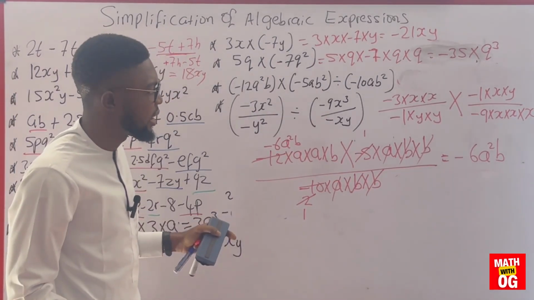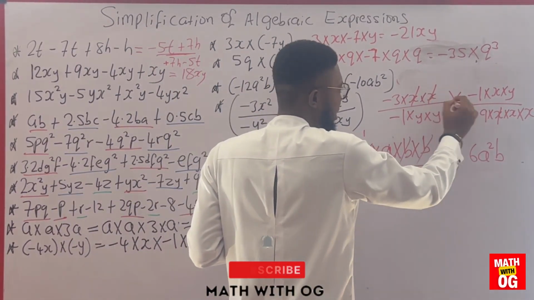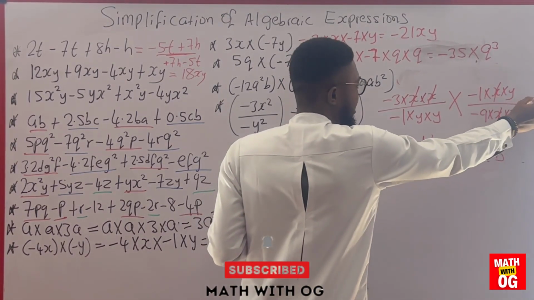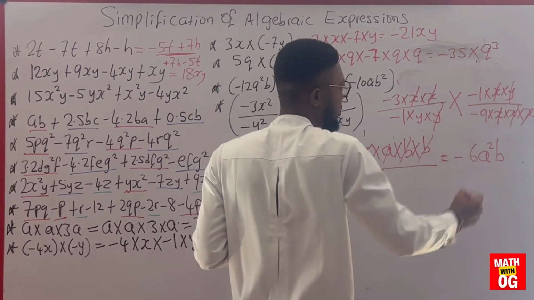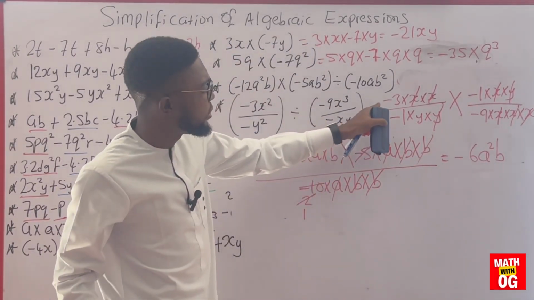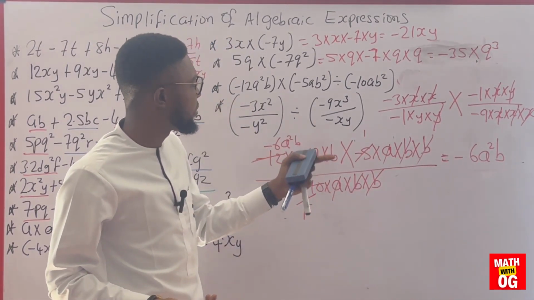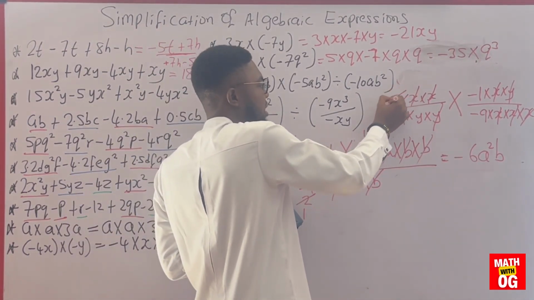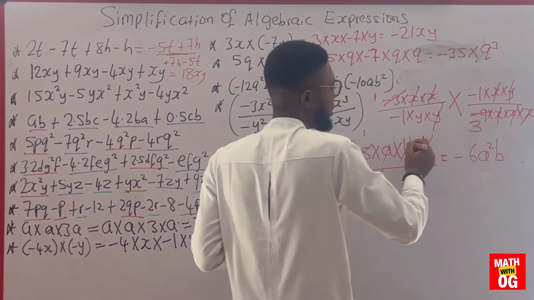Now let's start cancelling out. I have one of this x cancelling one of this x, one of this x cancelling one of this x, the last x cancelling this last x, one of this y cancelling one of this y. Now negative 3 will go into negative 9 3 times, because negative over negative is positive. So negative 3 here 1, negative 3 into negative 9 is positive 3.